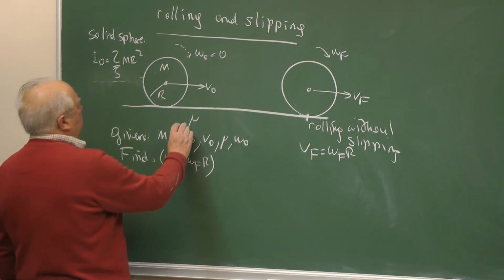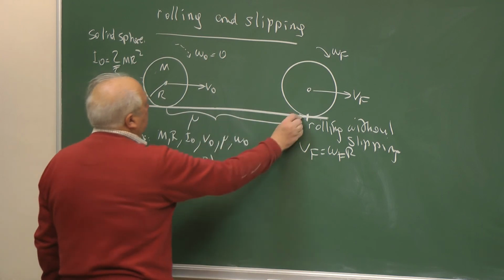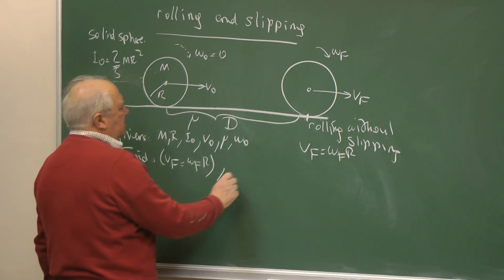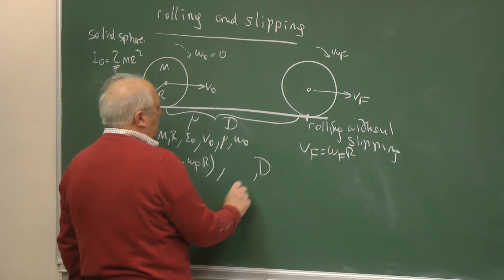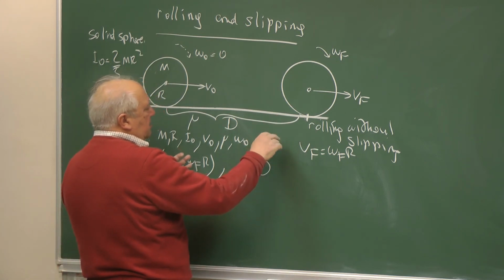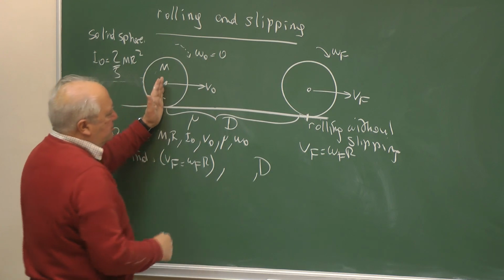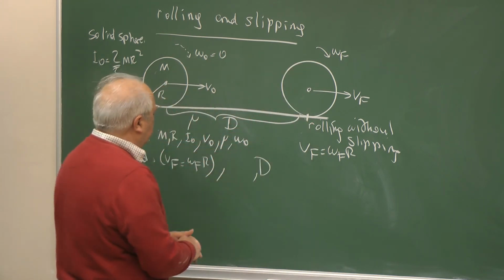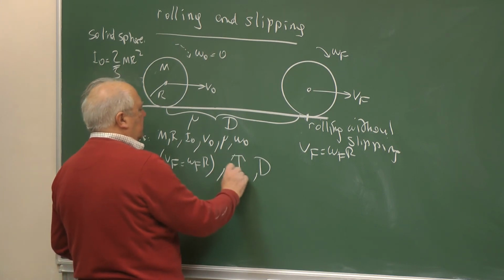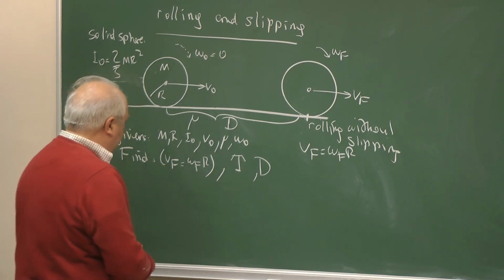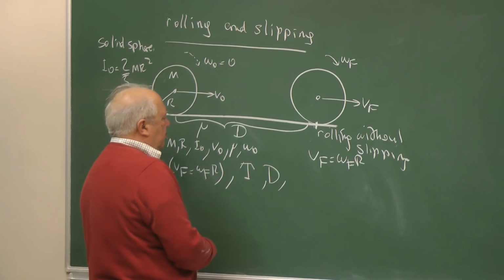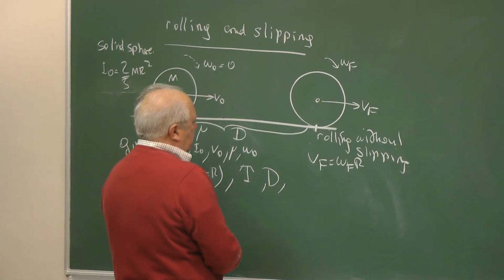And let's say if this distance is d, what is the distance d? And if this is the time equals 0, what is the time here when it starts rolling without slipping? So let's call it time t. Okay. And then, of course, there are a host of other questions you can ask.